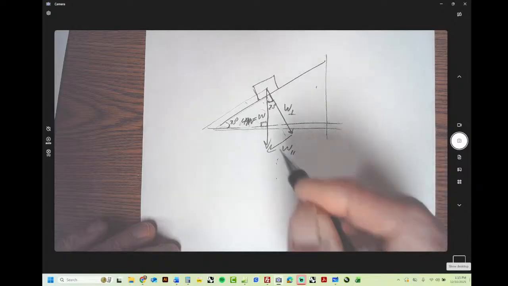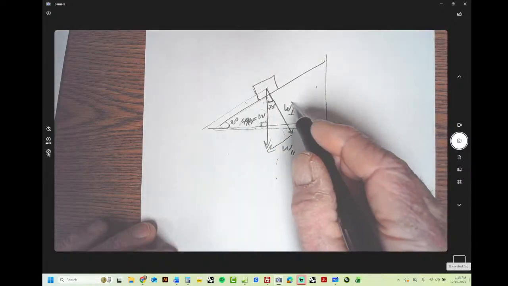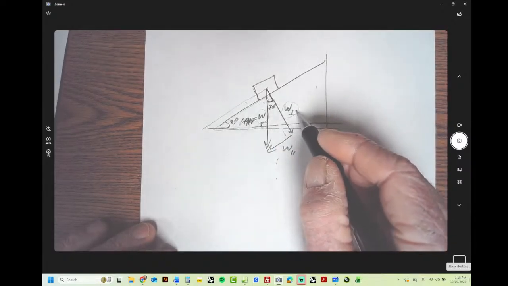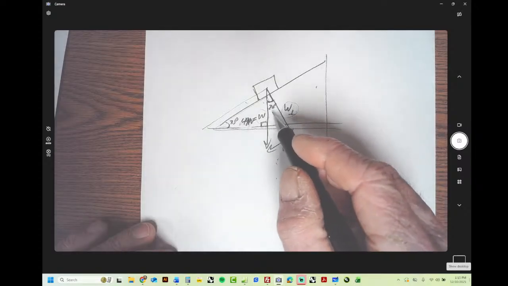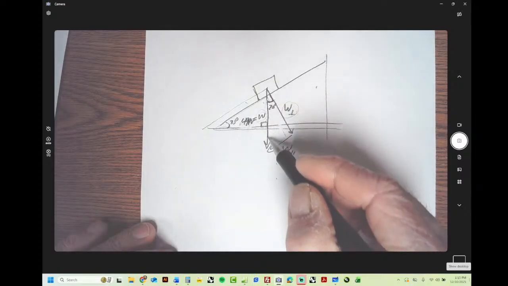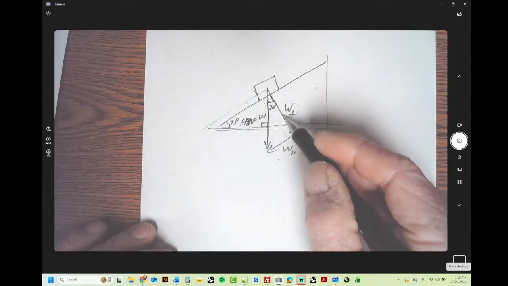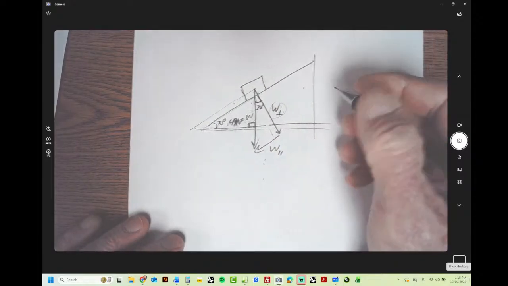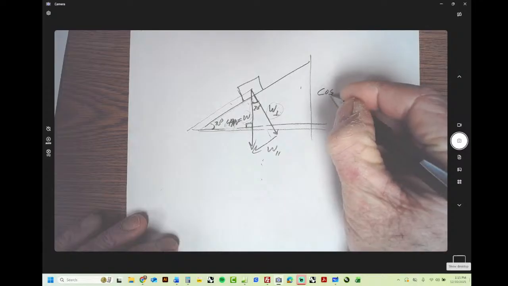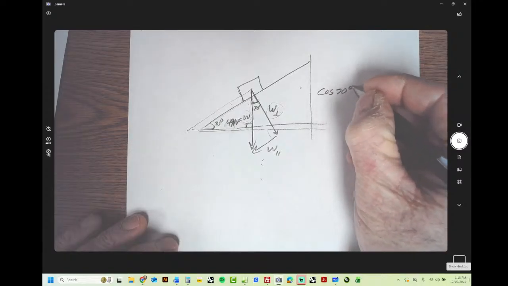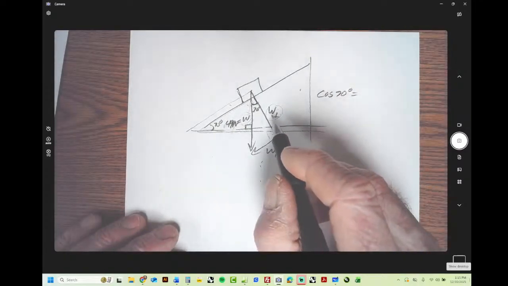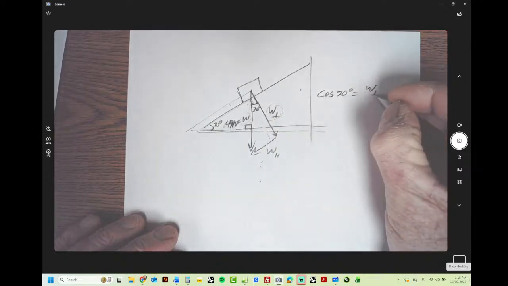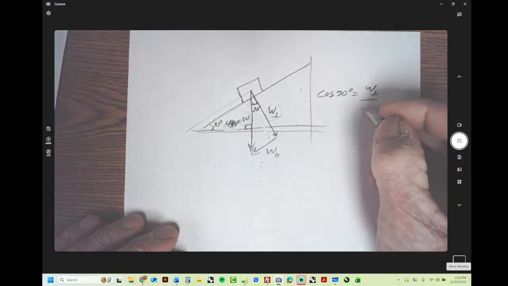Alright, so the perpendicular weight component is what we want to find, and we have the weight components. We have the hypotenuse, we're looking for the adjacent, and I can say that the cosine of 70 degrees in this case is equal to the perpendicular weight component over the weight.